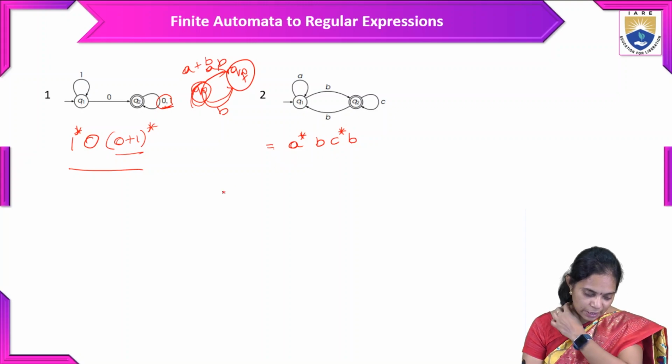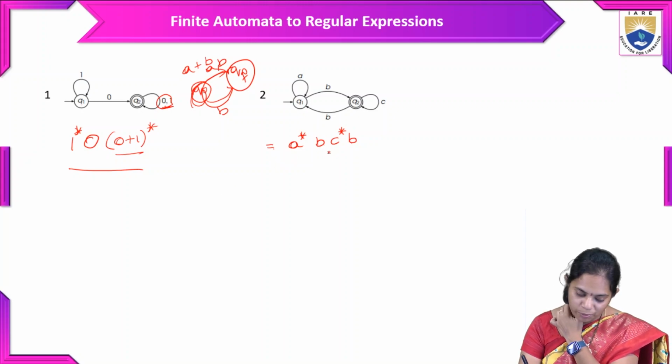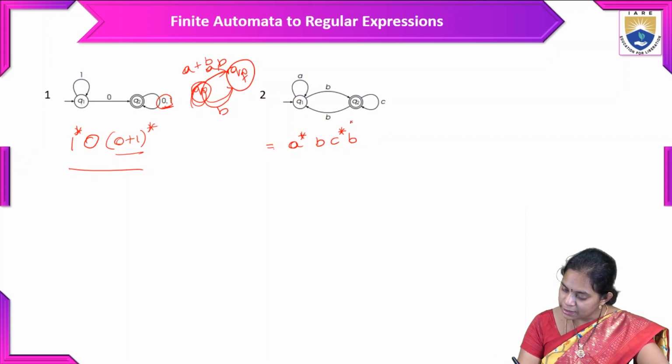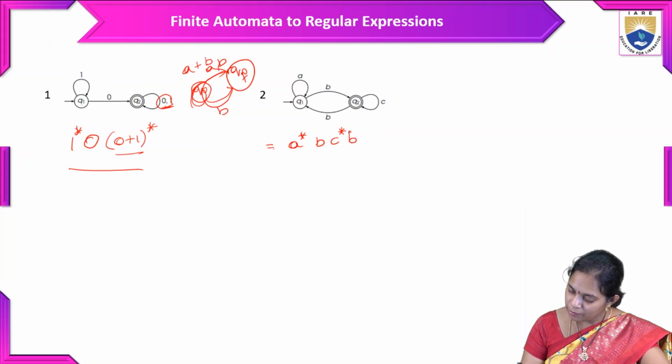Initially we have A star, and we have B and C, and C star is a self loop, so with the A star symbol and B C star plus B.